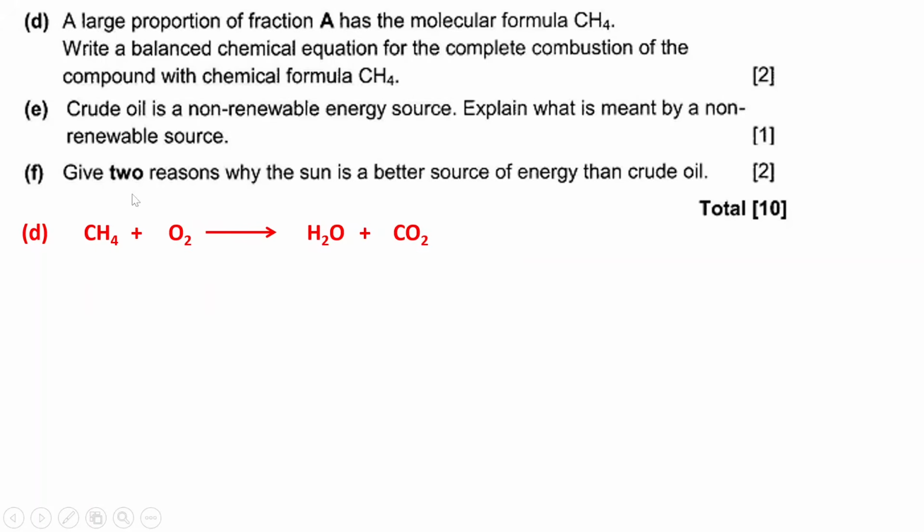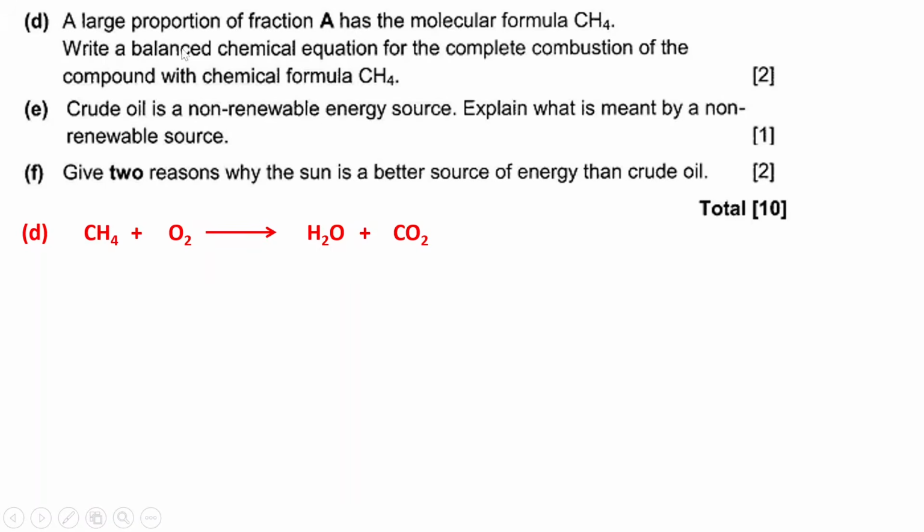So this is a chemical equation. When you're writing a chemical equation, you write it using chemical symbols and chemical formulas of atoms. So methane reacts with oxygen to produce water vapor and carbon dioxide.